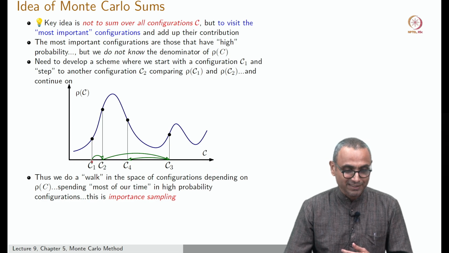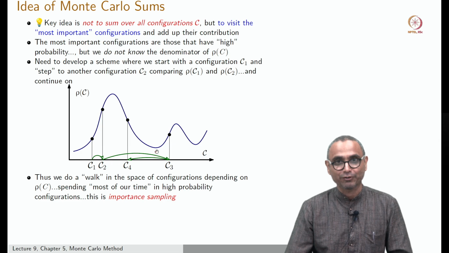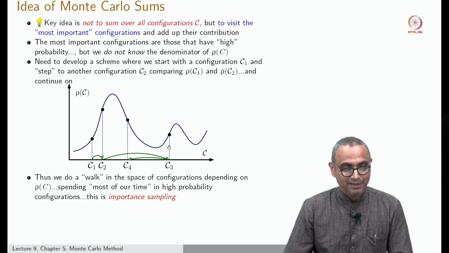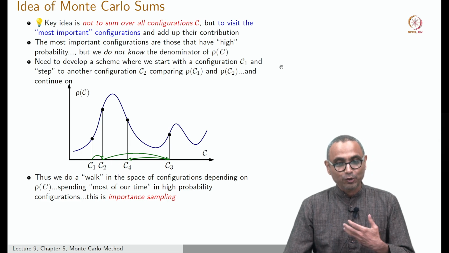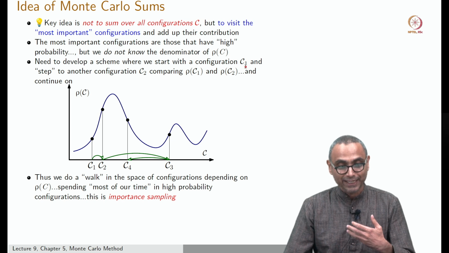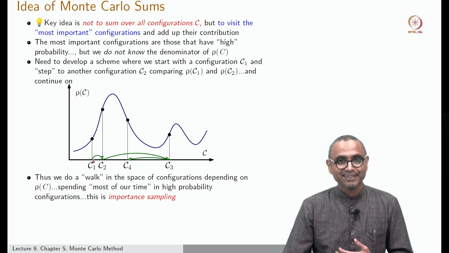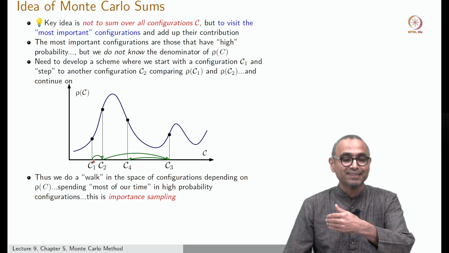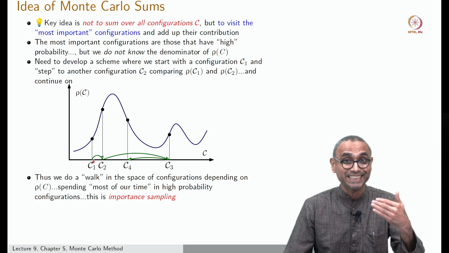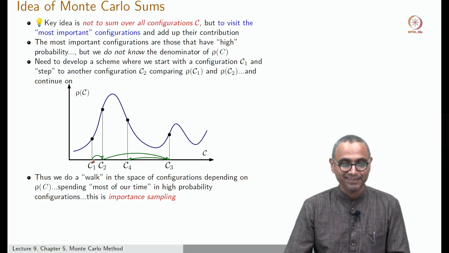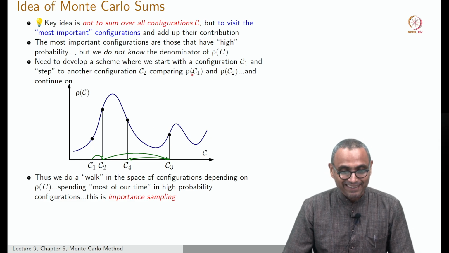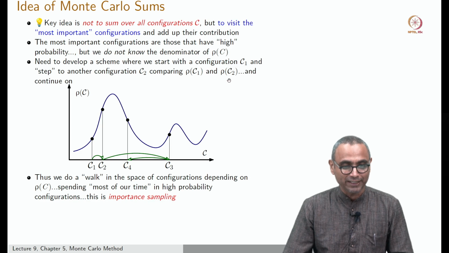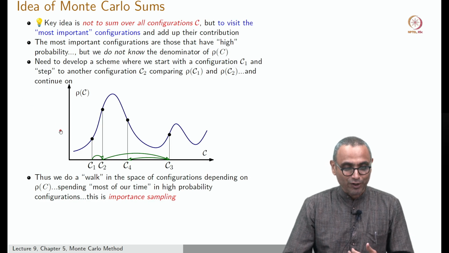So this is one spin configuration, this is another spin configuration, etc. So what we are going to do is start with a configuration C1, let's say here, and then find a way to walk in the configuration space. We want to step to another configuration by comparing rho C1 and rho C2, and you continue on.